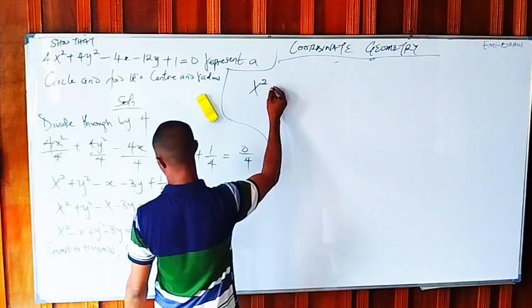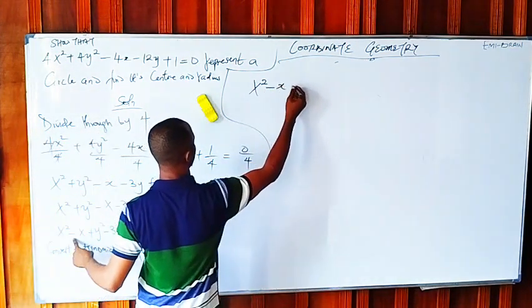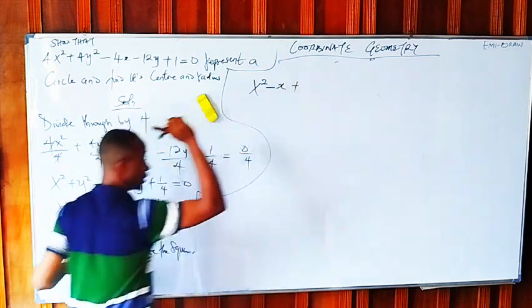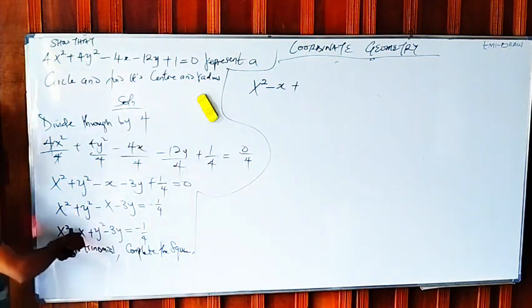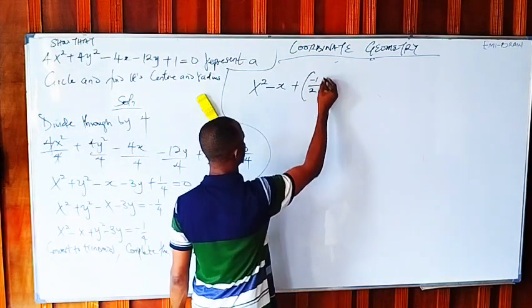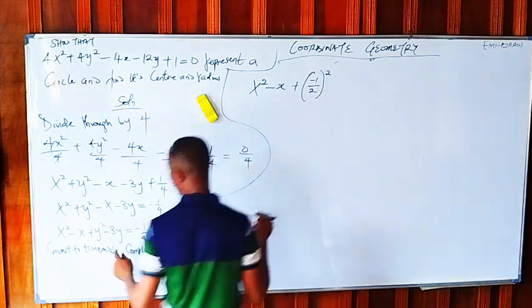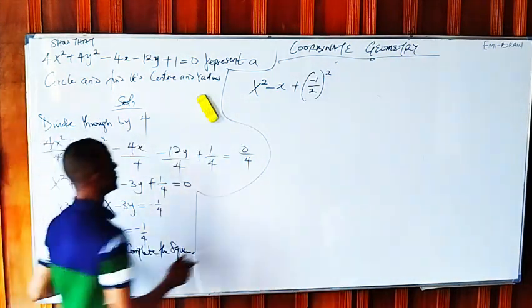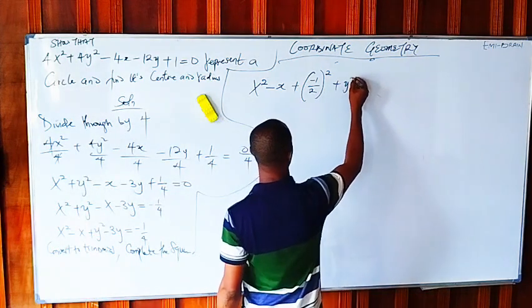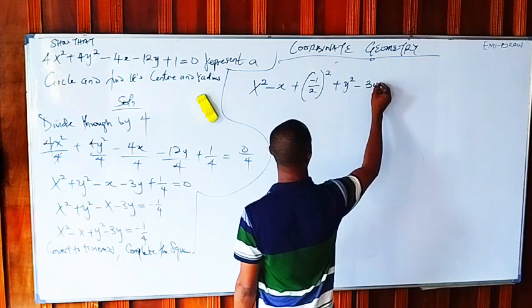We have x squared minus x, abi? Are you there? We are adding plus. What is the coefficient of this x here? In brackets, minus 1 over 2. Then you square it. Is it making sense? What's the next one? Plus y squared minus 3y.